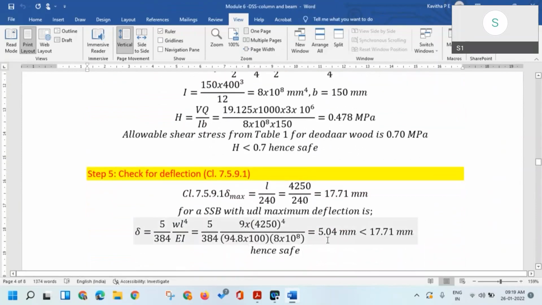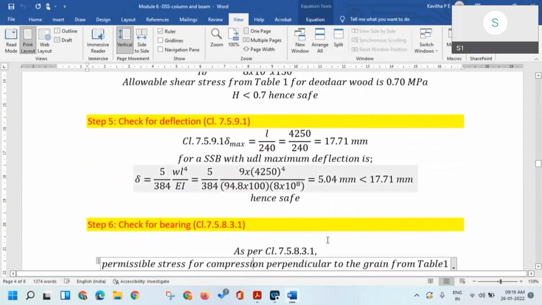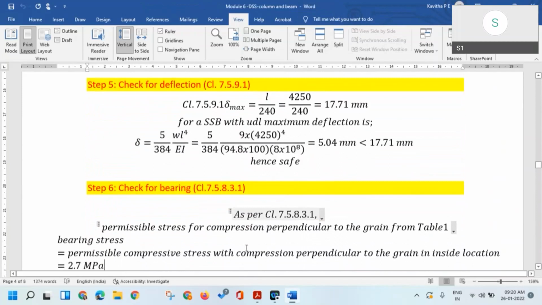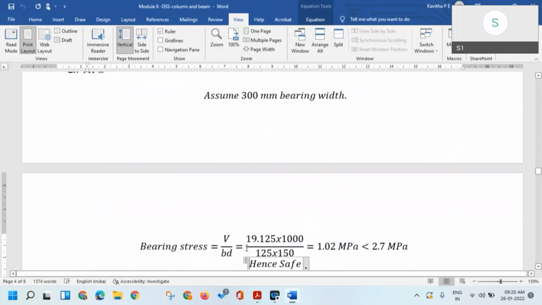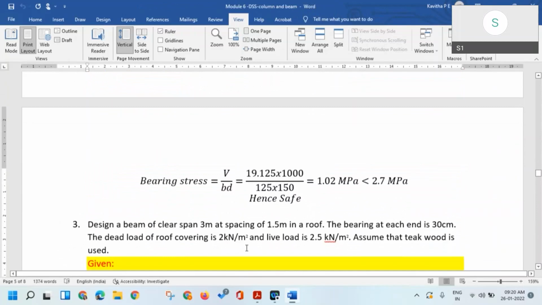L by 240 is the allowable deflection, that is 17.7 mm, and the maximum deflection value is 5 by 384 WL raised to 4 by EI, which is 5 mm, which is less than 17.7. Check for bearing. Allowable bearing value 2.7 we already knew. We have to calculate the bearing stress V by BD, which is obtained to be 1.08, which is less than 2.7, hence safe.